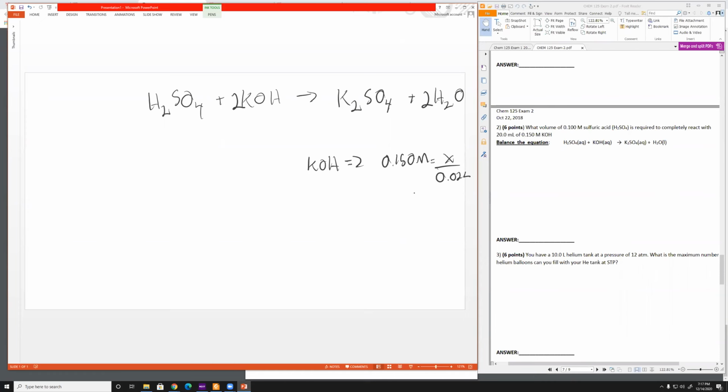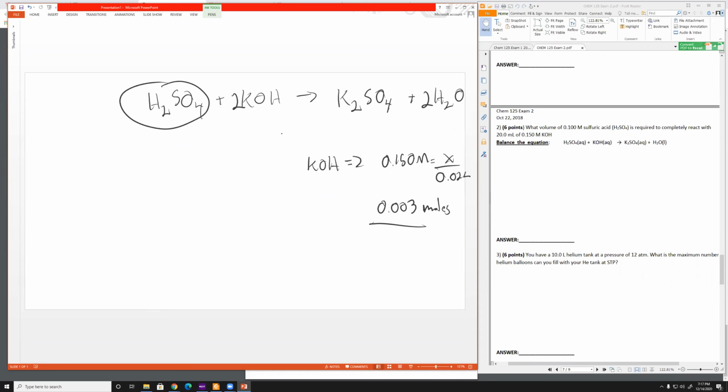All right, so now we multiply, 0.15 times 0.02, and we get 0.003 moles.